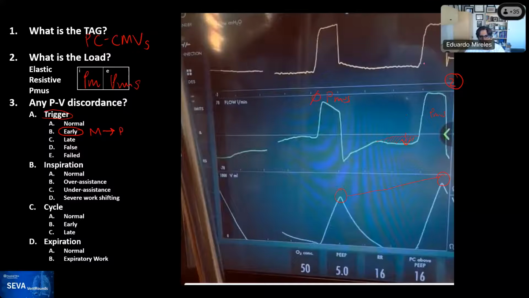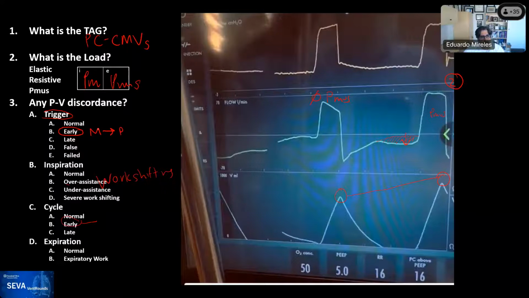So this is a mandatory breath. It was not triggered by the patient. And then there is evidence of PMOS. So that's the trigger. And whatever happened, there's going to be work shifting during inspiration. That's a normal consequence of early trigger. And there's going to be likely early cycle, which is a normal consequence of early trigger.